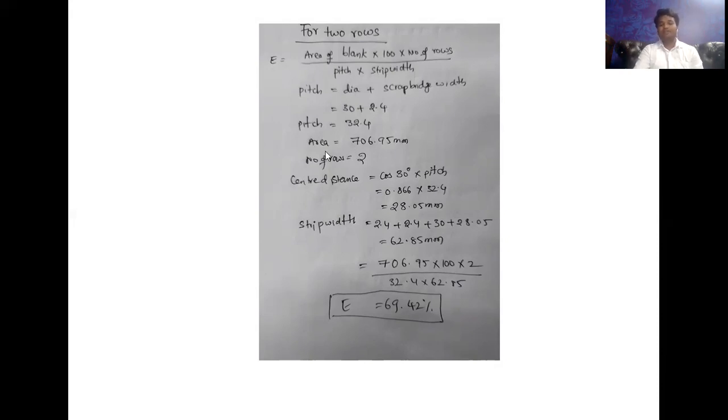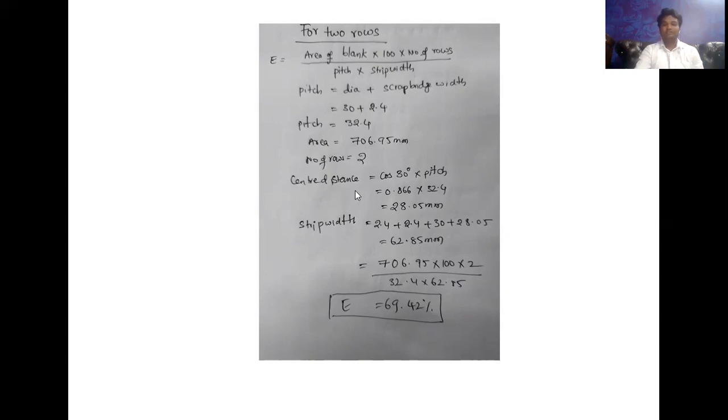The area of the circle is pi d square by 4, which we calculated as 706.95 mm square. The number of rows is 2. Now we need to calculate the center distance.